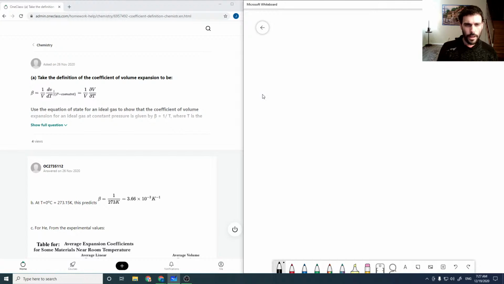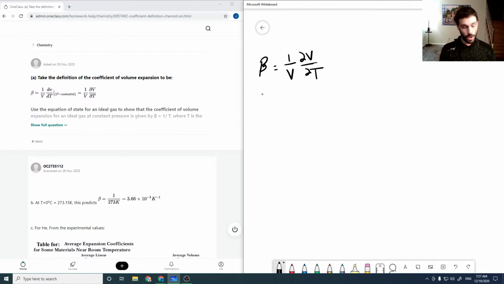Okay. This is kind of a unit analysis question. And so it states to take this definition of the coefficient of volume expansion to be 1 over V dV by dT, the derivative of volume with respect to temperature.